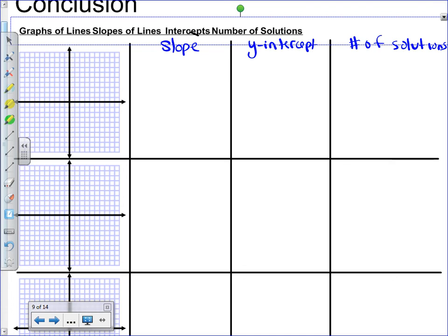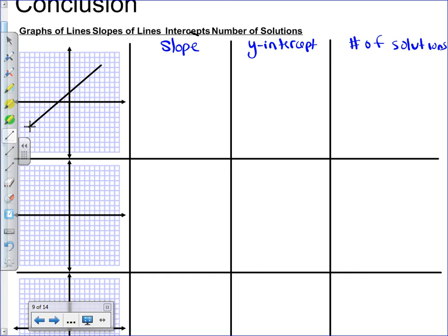So if I look at my parallel lines, and I'm just going to sketch two parallel lines here. What is true about the slopes of parallel lines, Rachel? That they have the same slope. What is true, Autumn, about the y-intercepts of parallel lines?